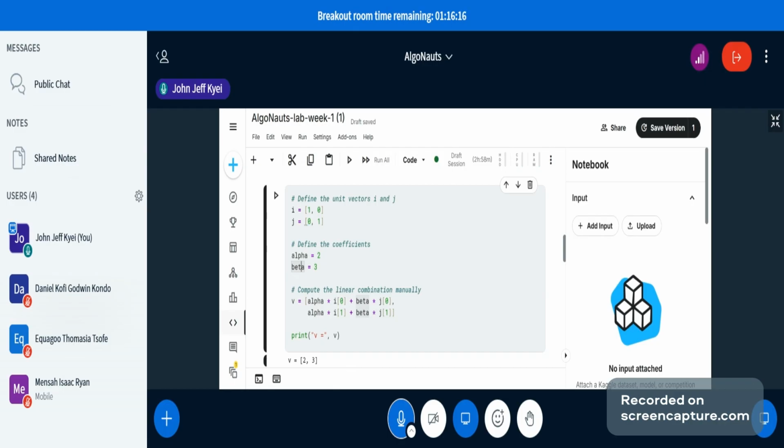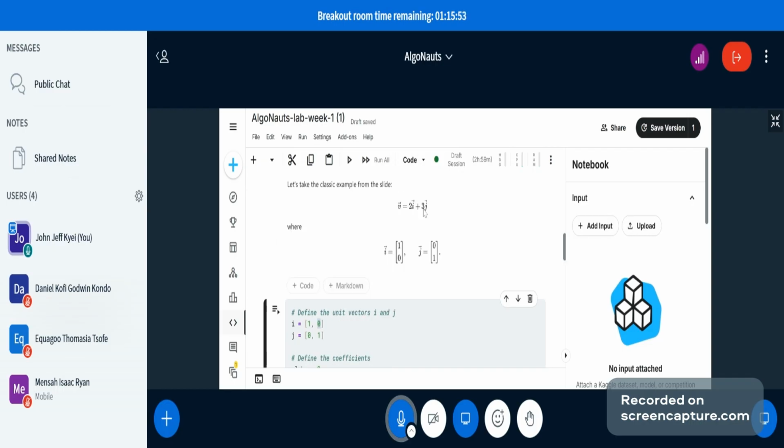And that will be my x value, my first value in my new vector V. Then for my second value in vector V, I want you to multiply 2, which is alpha, by the second value, and beta by the second value over here.